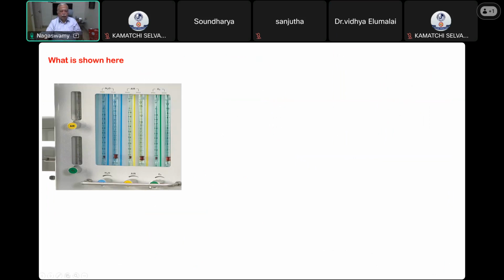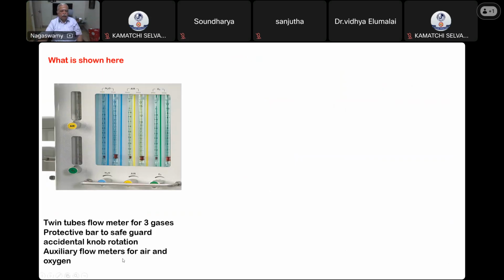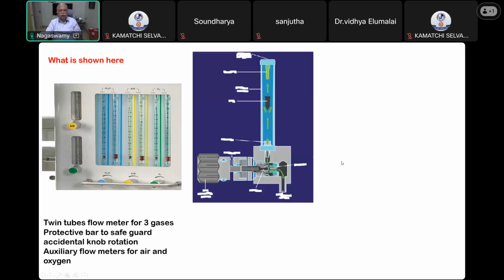When you keep a low flow, suddenly by mistake this knob should not be turned and the flow should not get altered. So to protect that, you have a rod to prevent accidental handling. So twin flow tubes for 3 gases, a protective bar to safeguard accidental knob rotation, and an auxiliary flow meter for air and oxygen. All these points have to be told.